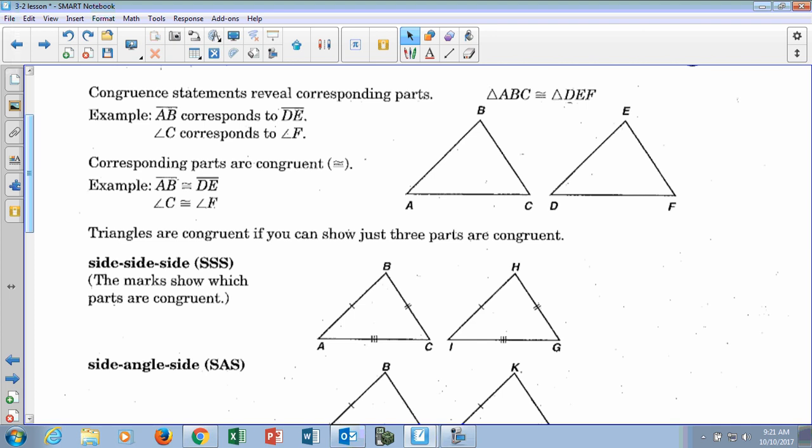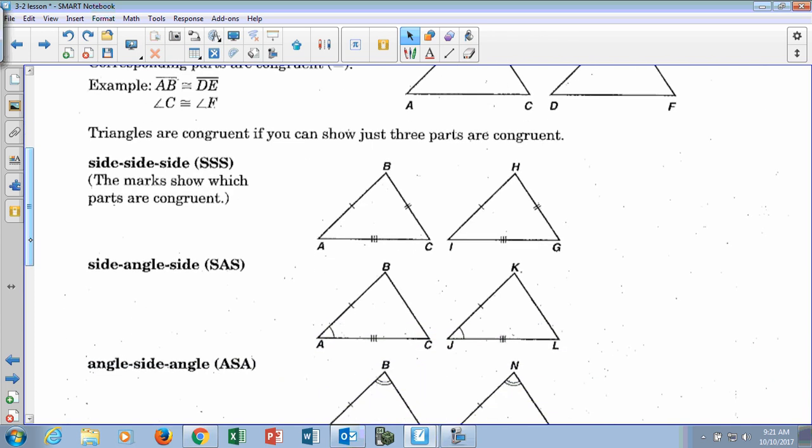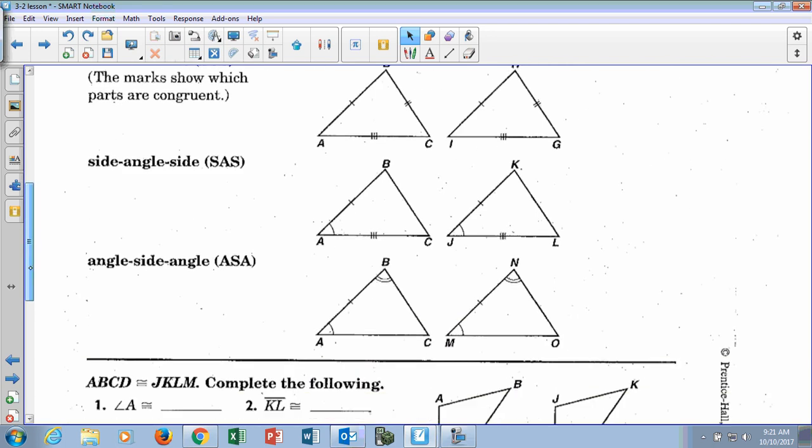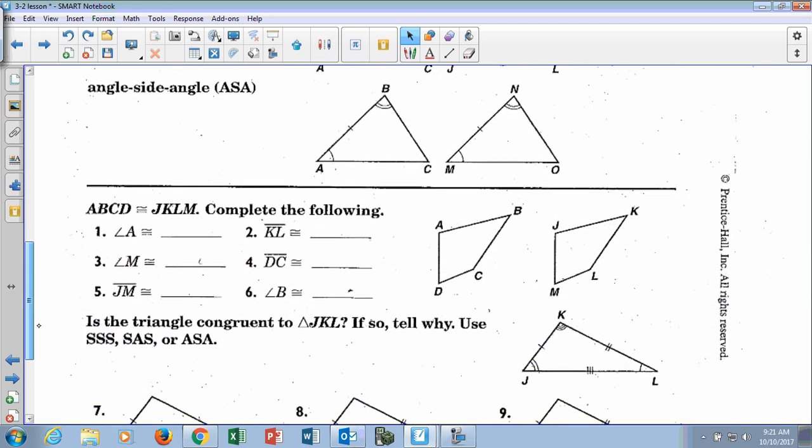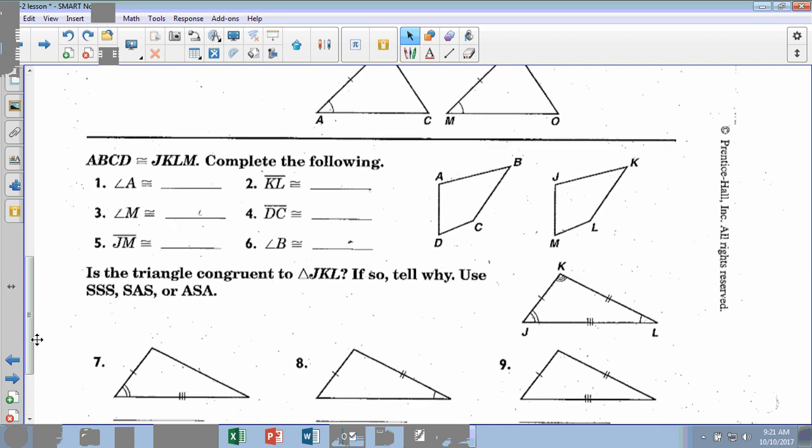Notice it talks about congruent triangles, right? Side, side, side, where you can see that all three sides here are basically the same. The side, angle, side, which shows you that two sides are the same here with the angle, and angle, side, angle.